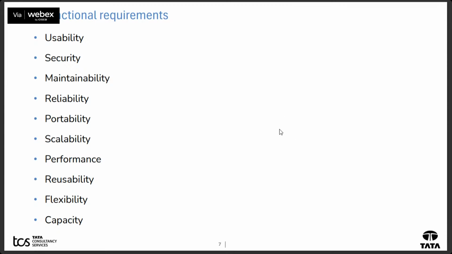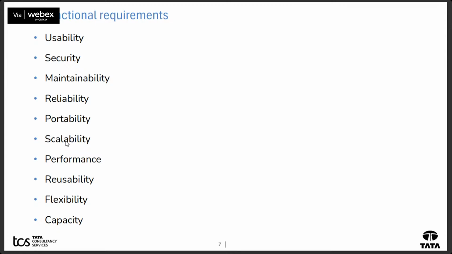Then portability, if it needs to be put across different environments. Then scalability. Say, for example, we have a festival sale going on during Diwali. At that time, I'm expecting 10 times the load of what is there in normal time.